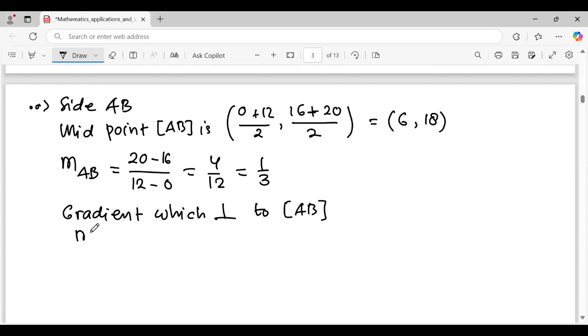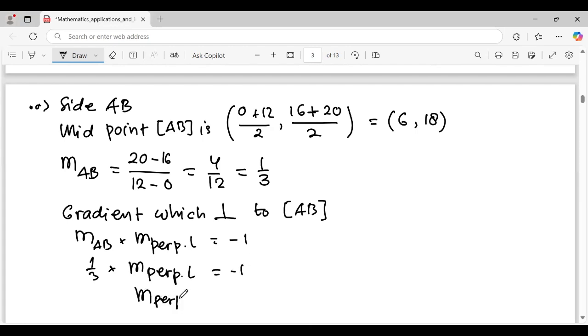It means MAB multiply M perpendicular line equals minus 1. M perpendicular line equals minus 1 multiply 3, it equals minus 3.